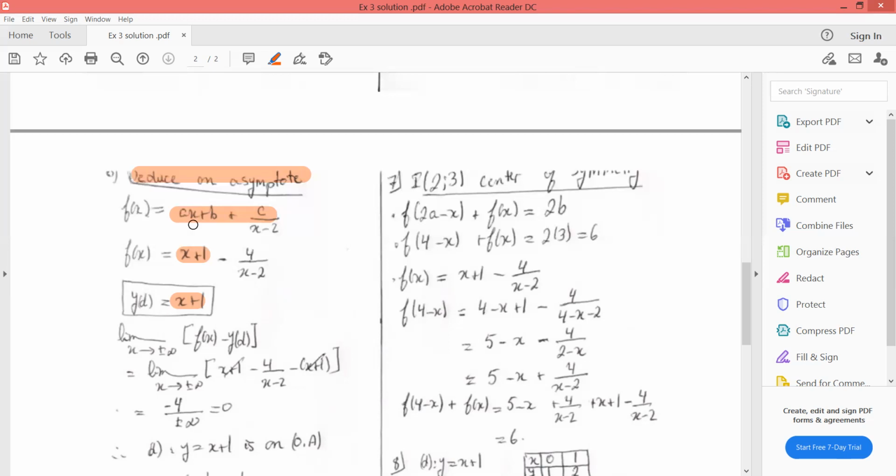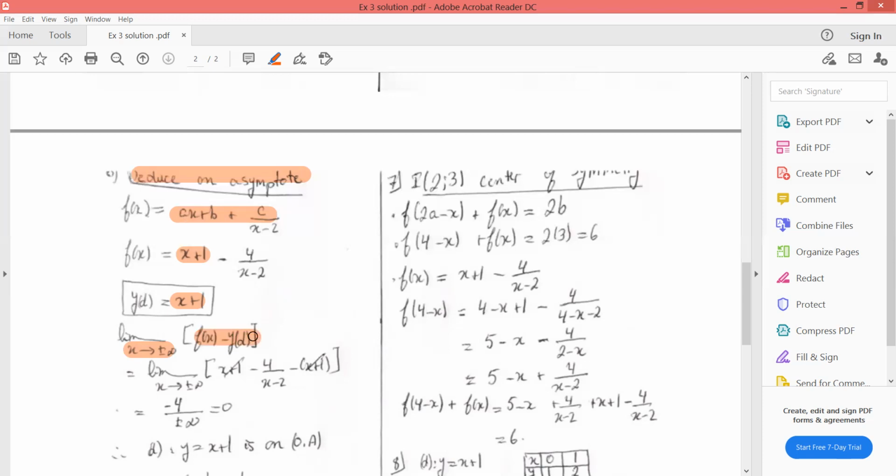Okay, thanks. And then in the test I will give you: show that this line is an oblique asymptote. So the definition of the oblique asymptote: the limit as x tends to plus or minus infinity of f of x minus yd should be 0.